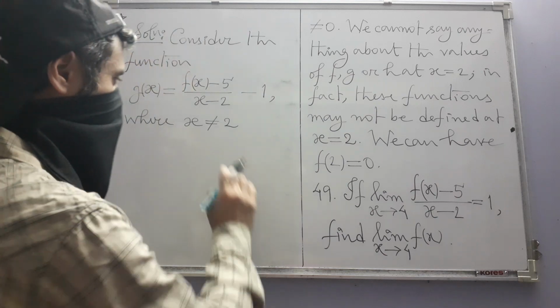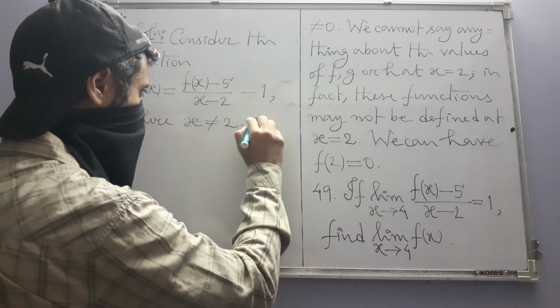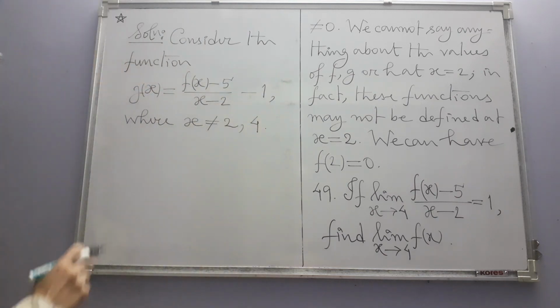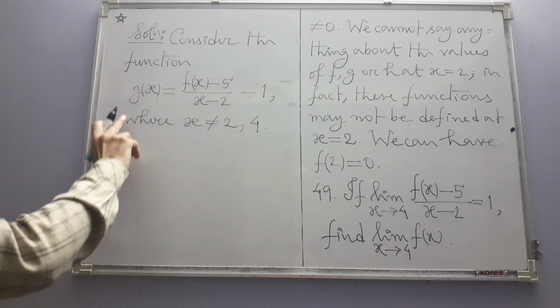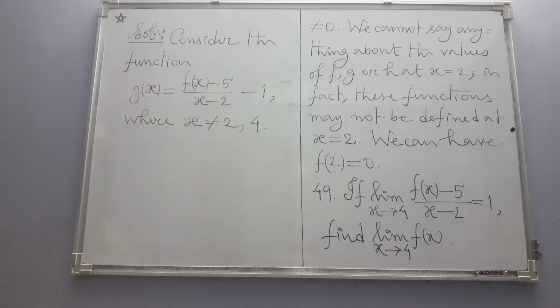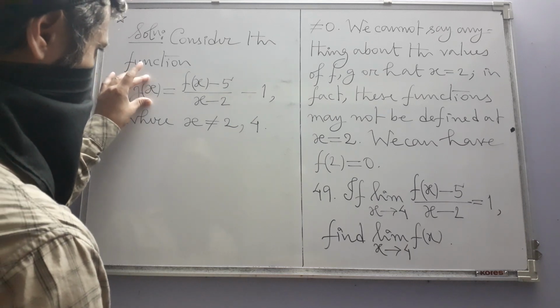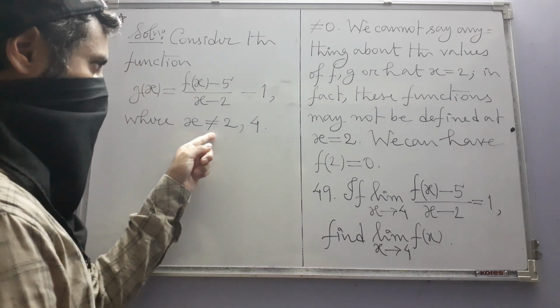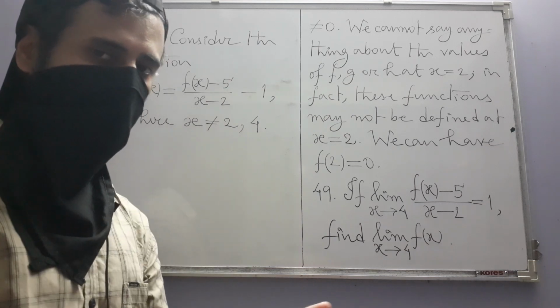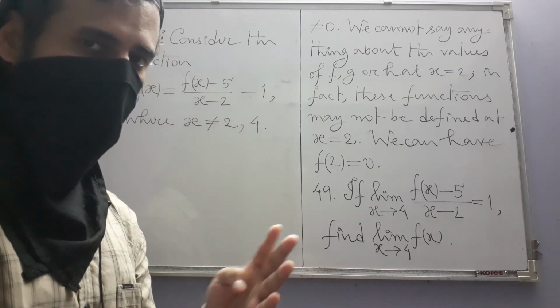We don't know. So let's exclude 4 from the domain of g. Okay, so here we are looking at a new function g whose domain is the set of all real numbers from which 2 and 4 have been excluded.